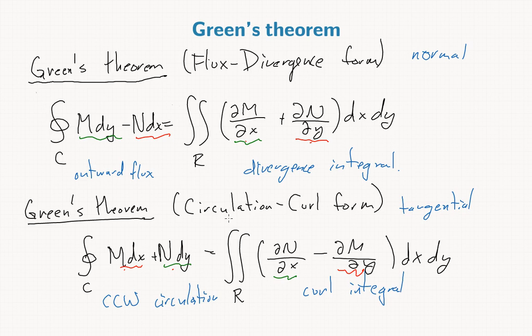And then whichever one was paired with dx initially, that is the one that gets the negative sign, which in this case, since there's already a negative sign, turns that just into a positive.